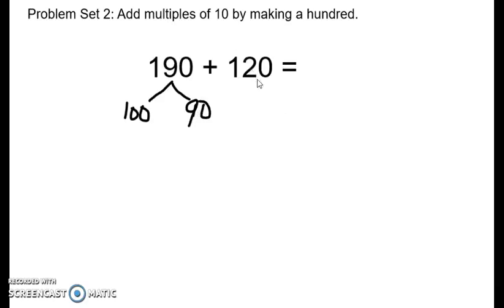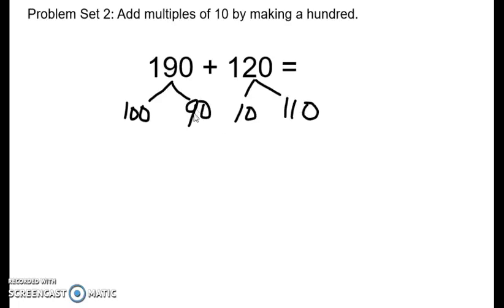Now, I'm going to break up 120, but I'm going to break it up by figuring out what I need to make another 100. So 90 plus 10 will actually give me 100. So I'm going to take a 10 out of 120. If I take a 10 out of 120, that leaves me with 110 left.